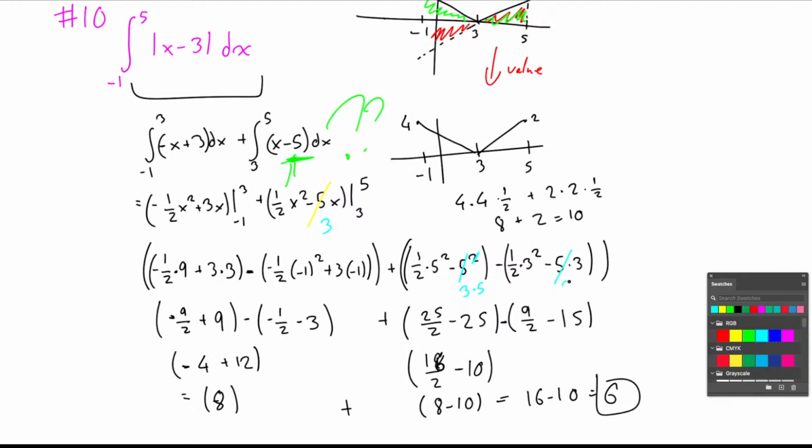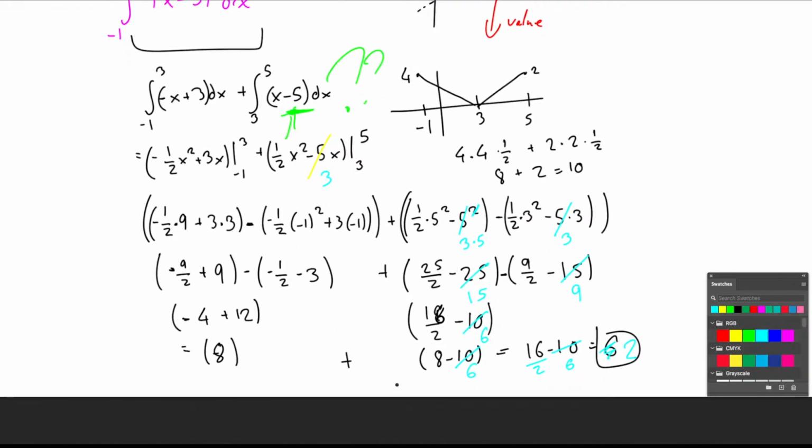This should have been 3 times 3. This should have been 15. And this should have been 9. This should have been 6. And that should have equaled 2. And 8 plus 2 equals 10.